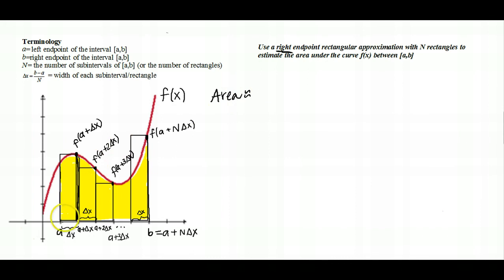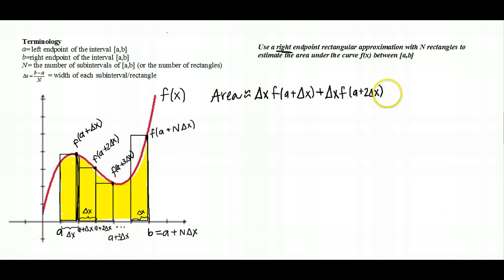So the area here that we're trying to approximate, well, let's go rectangle by rectangle. The area of each rectangle is base times height. The base of the very first rectangle is delta x, and the height we said was f of a plus delta x. So that's the first rectangle. Plus the second rectangle, which still has a base delta x, but this time the height is f of a plus 2 delta x.